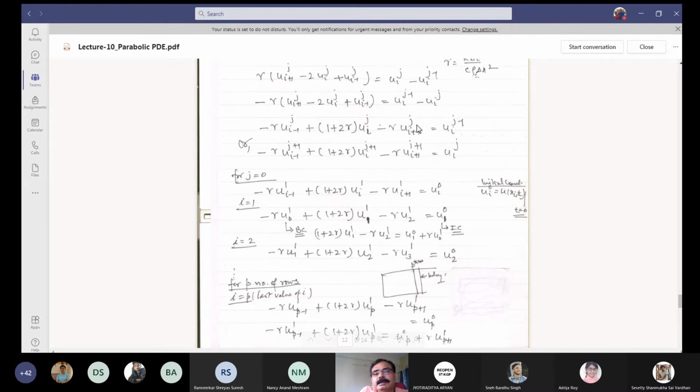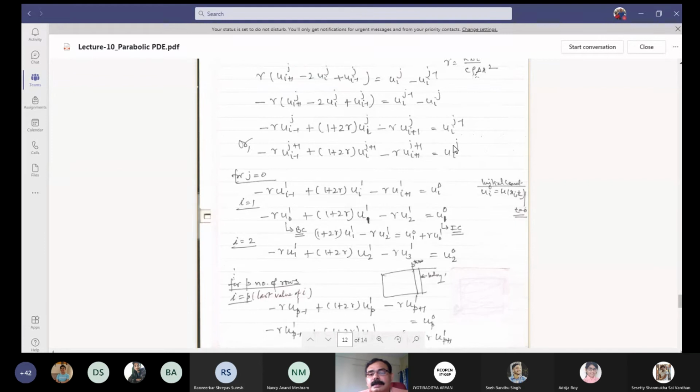Since every time we write that from the ODE itself, y j plus 1 in terms of y j's and so on, keeping that in mind, I have just enhanced the indices. Instead of j, it is moved to j plus 1. So it is minus r u i minus 1 j plus 1, same thing, but j is moved to j plus 1, and accordingly here it will be j.